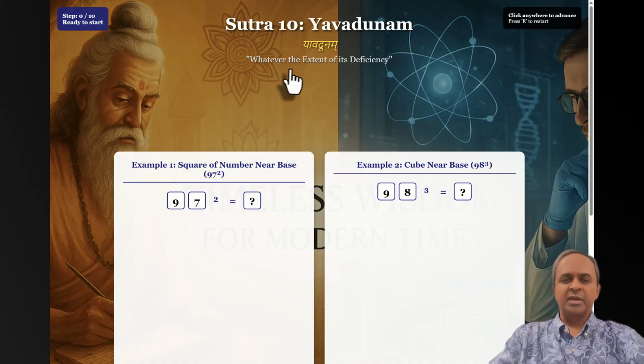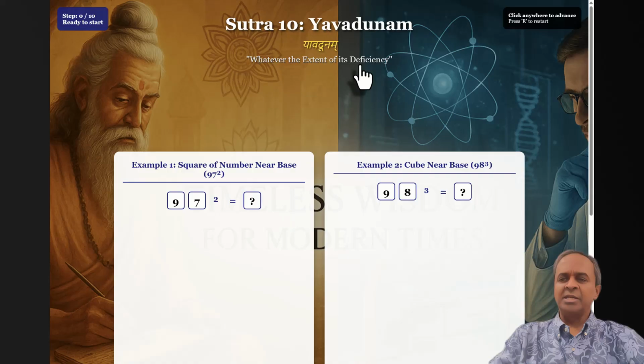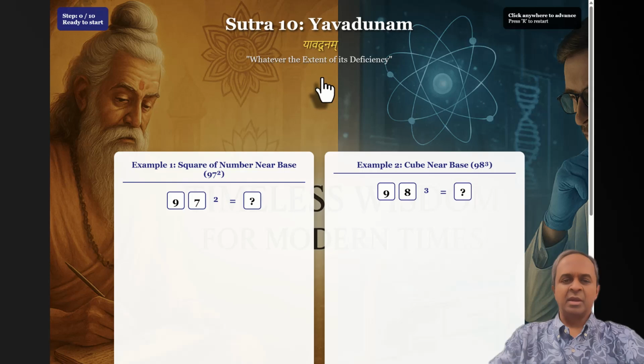So again, welcome to the 10th sutra lesson. This sutra provides an elegant method for calculating powers of numbers that are close to convenient bases, by working with their deficiencies from that base.